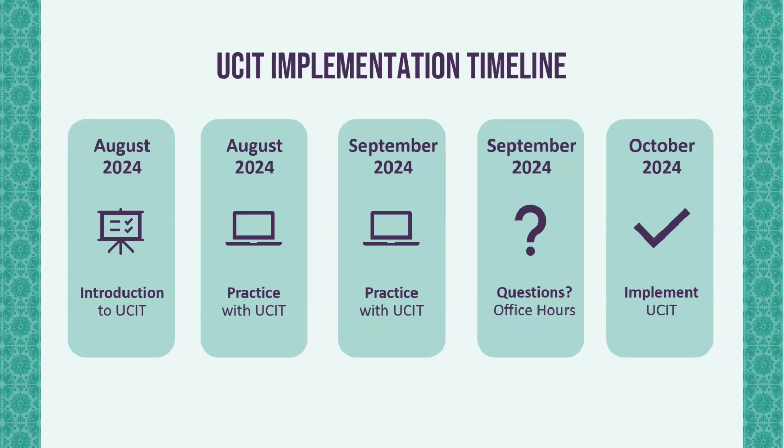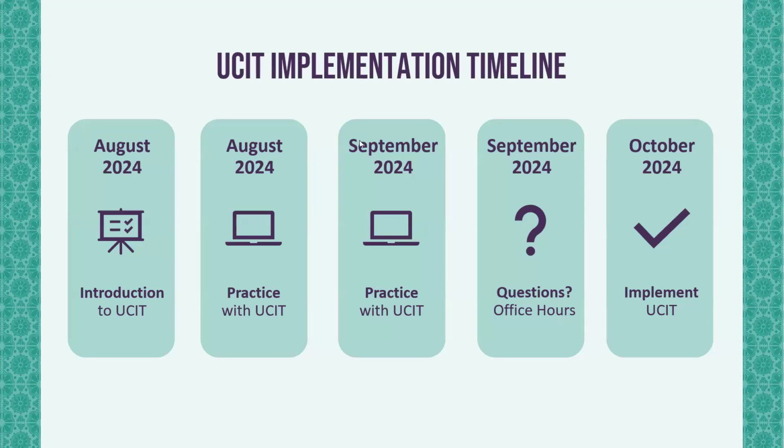One of the things that we wanted to share with you again is the Universal Consumer Information Tool implementation timeline. We did the first training on August 7th, and that was this training here. We did a little practice with the tool today.